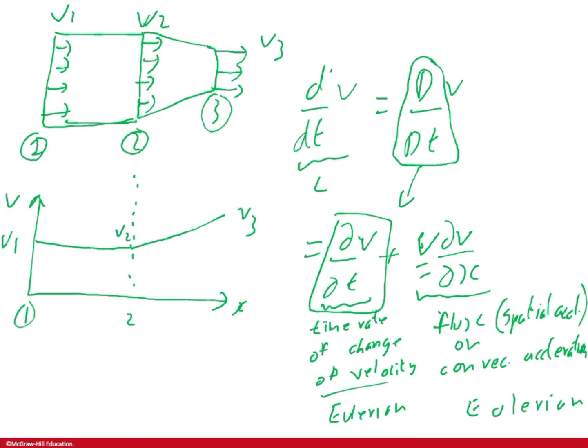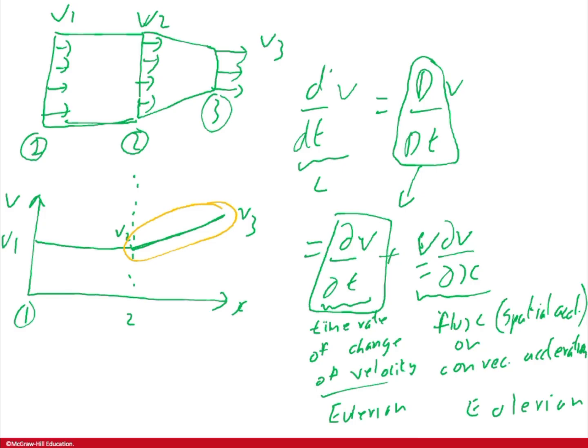So it is an unsteady problem, but they're mixing up the change in velocity right here. The issue is there is a velocity change here, but this velocity change is a spatial change in velocity. It is not a change in velocity with respect to time, right?